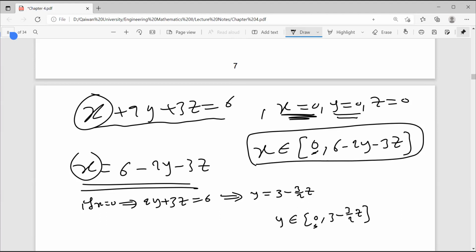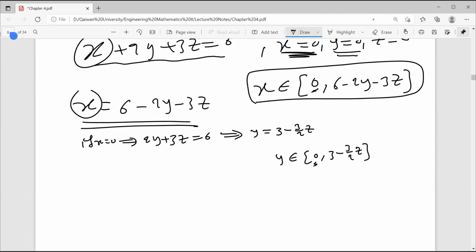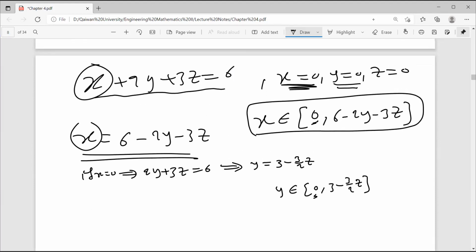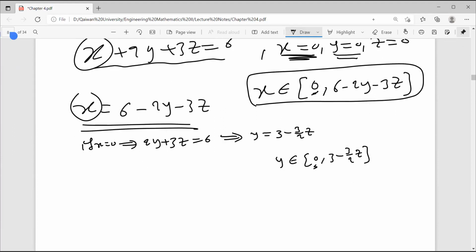We can do it actually in 6 different ways, but it's asked to find only 3 different ways. Now, x and y could be 0. We replace into the given equation. If we replace x and y by 0, z is 2. That means z belongs to 0 and 2.